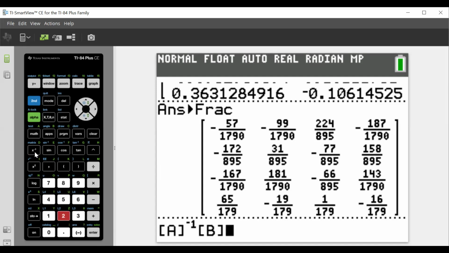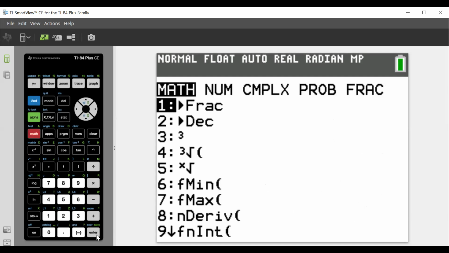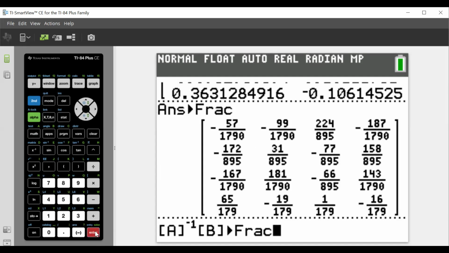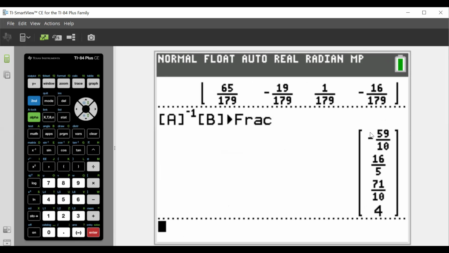And I think it's probably going to still be fractions, so I'm going to add fractions at the end. And so when we multiply, it's going to take this number times that B and then convert it all to fractions. And this is what we get. Negative 59 tenths, 16 fifths, 71 tenths, and 4. So that is the solution to this problem.